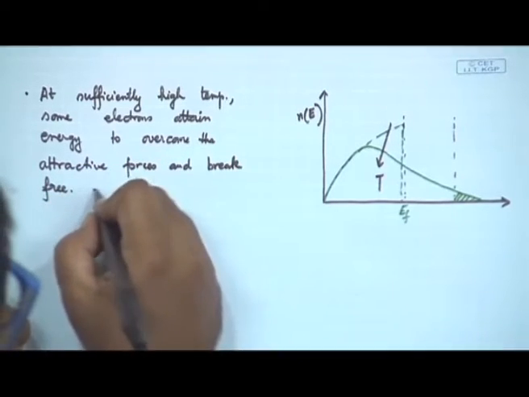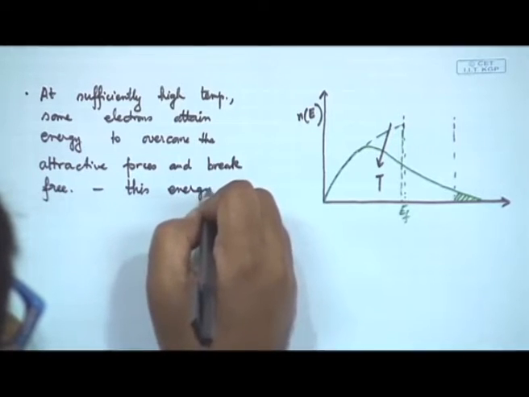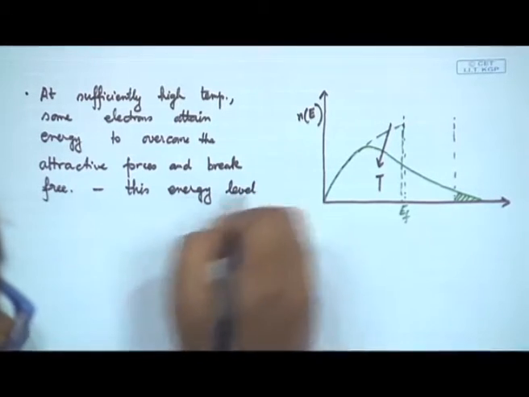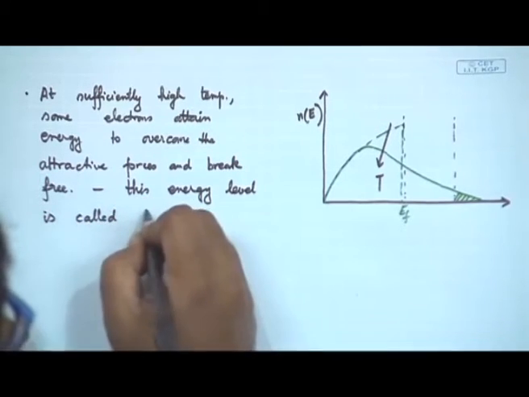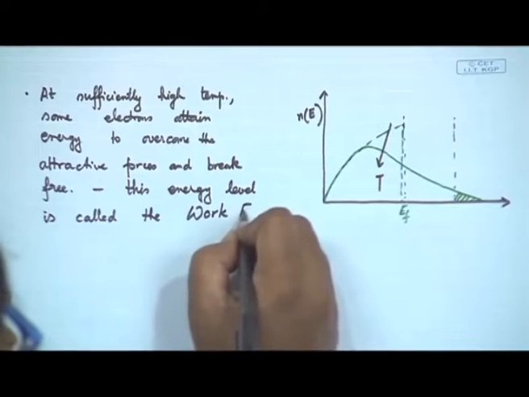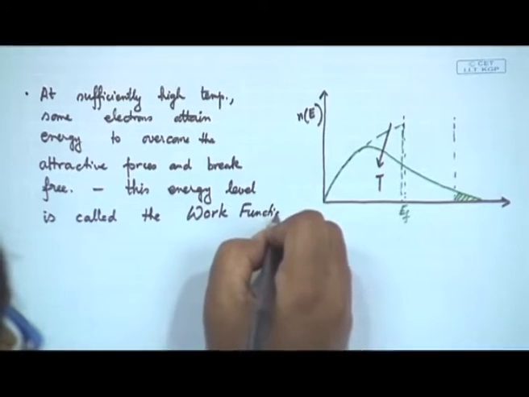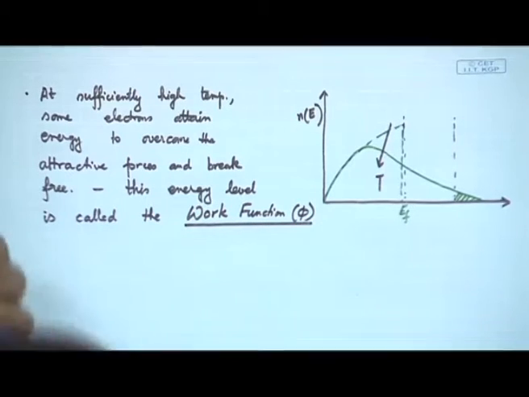Okay. This energy level is called the work function. I will denote it by phi. Okay.